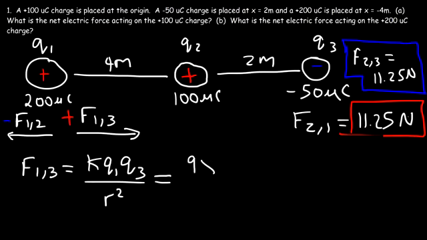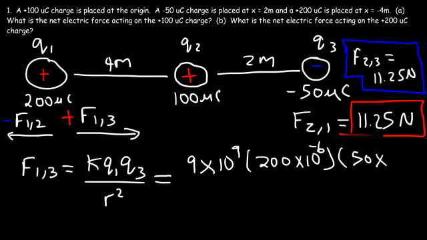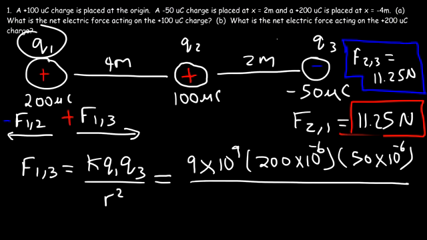Now K is 9 times 10 to the 9. Q1 is 200 times 10 to the minus 6. Q3 is 50 times 10 to the minus 6. And the distance between Q1 and Q3 is 4 plus 2, or 6 meters. So this is going to be 6 squared on the bottom.